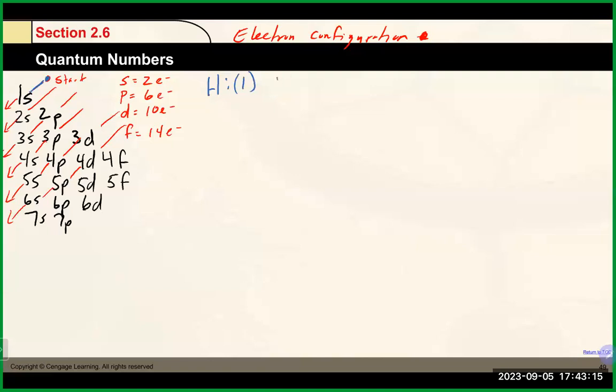So 1s1 would be the electron configuration for hydrogen. Again, the first number is the principal quantum number, the n number. S is the orbital or subshell that it is in, and the superscript is the number of electrons in it.